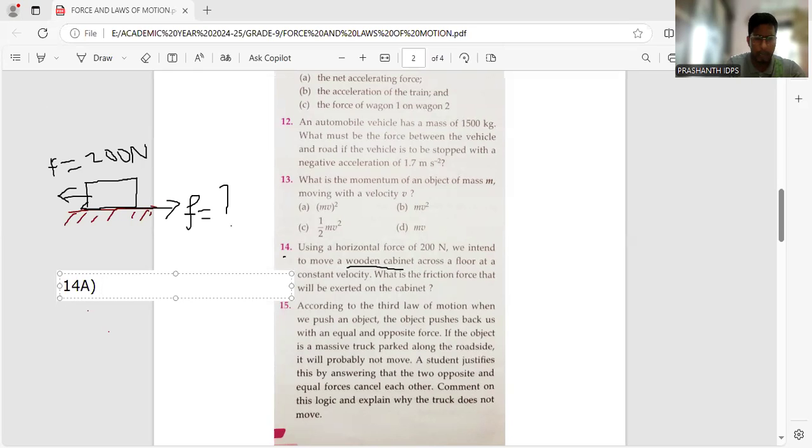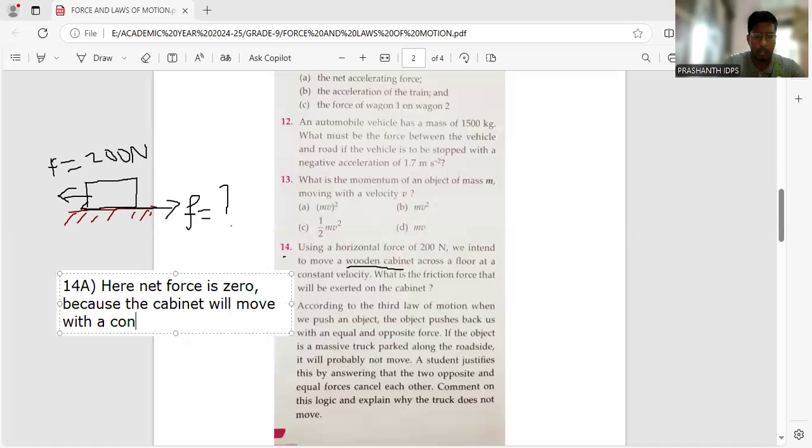The answer will be: in this case, net force is zero. Why is net force zero? Because velocity is constant. The net force is zero because the cabinet will move with a constant velocity. So that is the answer for 14.